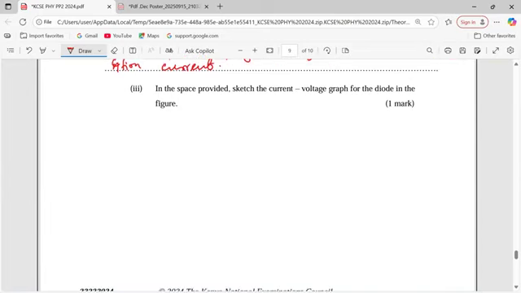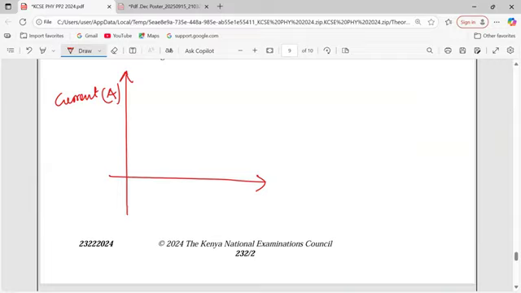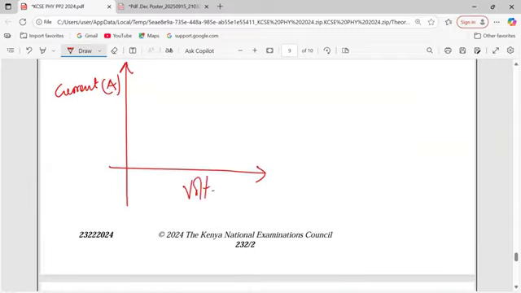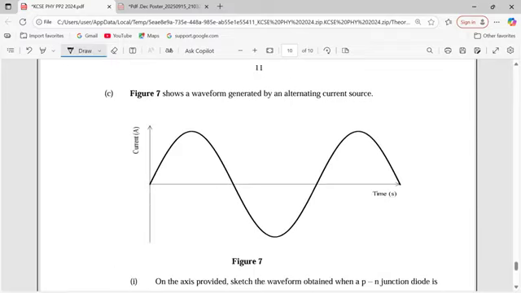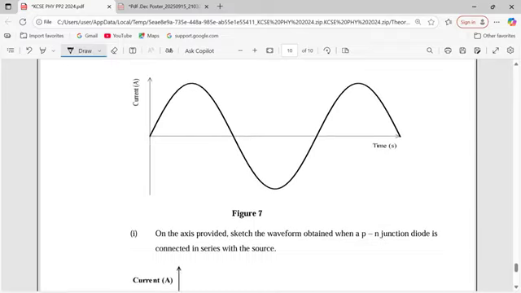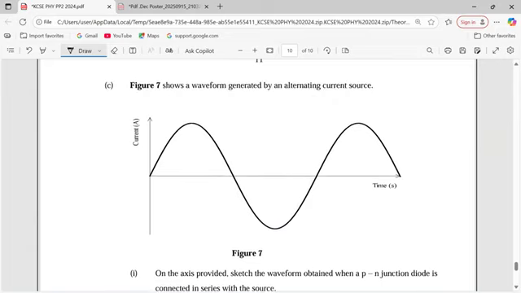When a diode is forward biased, the current-voltage graph appears as we are sketching it here: current in amperes, sometimes milliamperes, then voltage in volts. That's how it behaves. You should be able to refer to the KLB and see all the graphs under electronics.